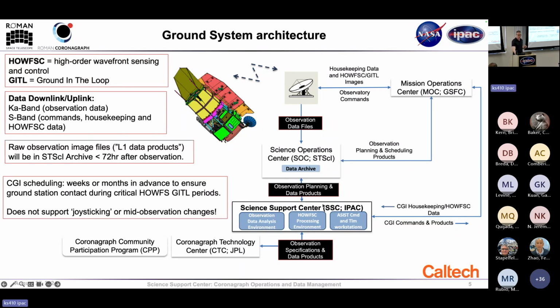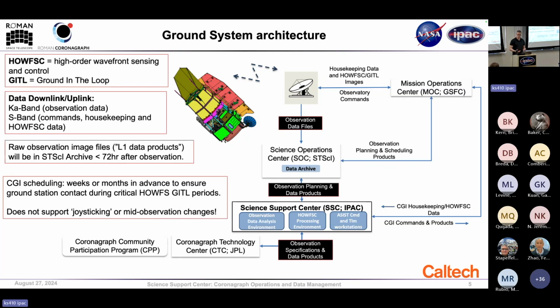And those produce products that go to the scheduling team over at the Science Operations Center, Space Telescope, and those get uplinked to the spacecraft through the MOC as well. The data come down through the SOC and end up at SSC, where our data analysis environment makes the data available for the users.